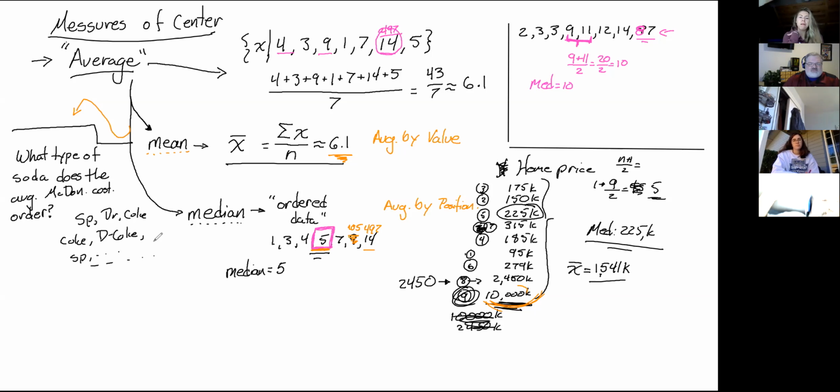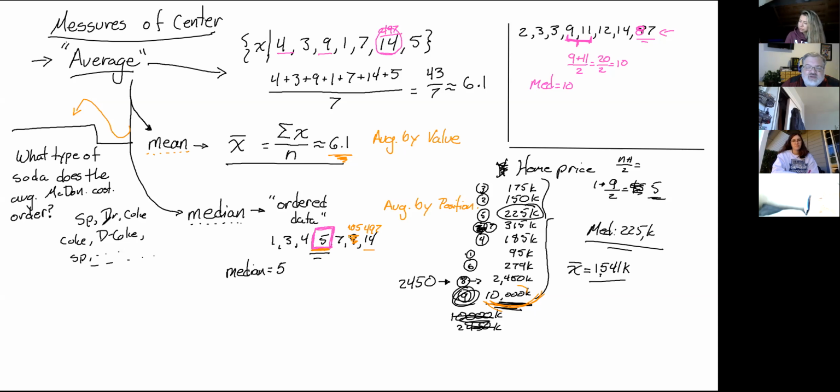But if you want to find an average, well, a mean would be, okay, add them up, divide by how many sodas were ordered. What is Sprite plus Dr. Pepper plus Coke? You can't add them up. It doesn't make any sense. So the mean automatically is out the door. We can't add them up and divide.